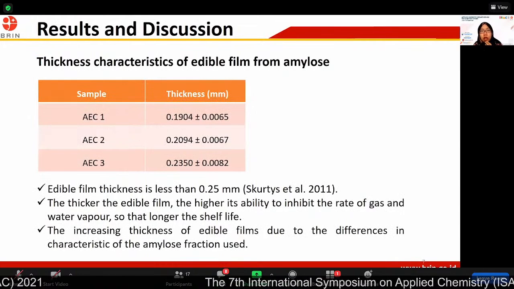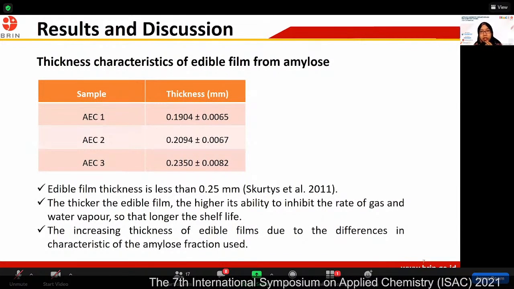And the next one is the thickness characteristic of the edible film from amylose, in which from the less butanol concentration until the high butanol concentration, it resulted in an increase from 0.19 until 0.23.